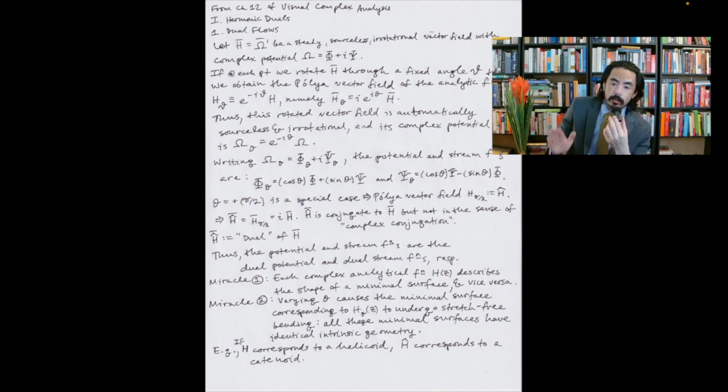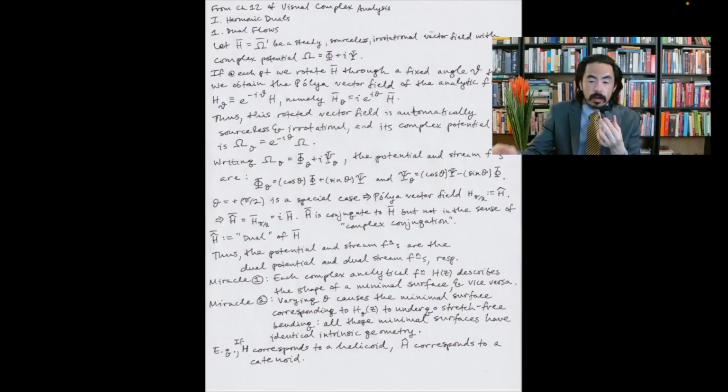But then there are two miracles as a result of this. What was I originally talking about? Minimal surfaces. So the first miracle is each complex analytical function, say capital H of a complex variable z, describes the shape of a minimal surface and vice versa, meaning all minimal surface shapes can be described by complex analytical functions.